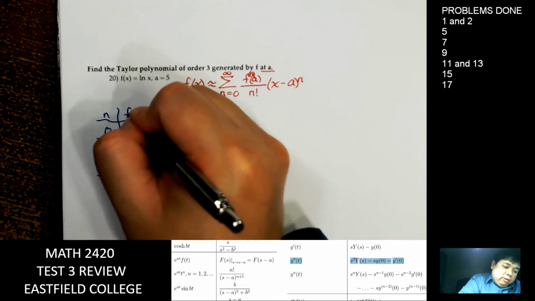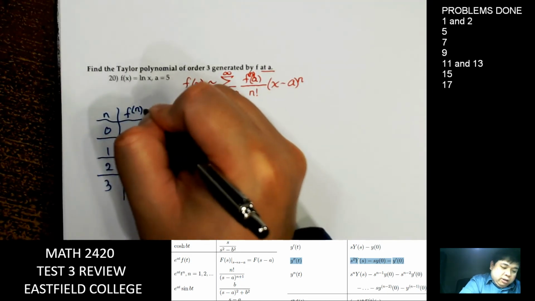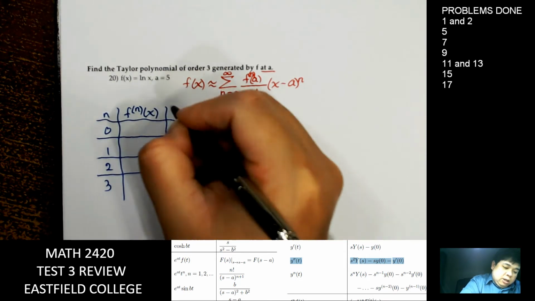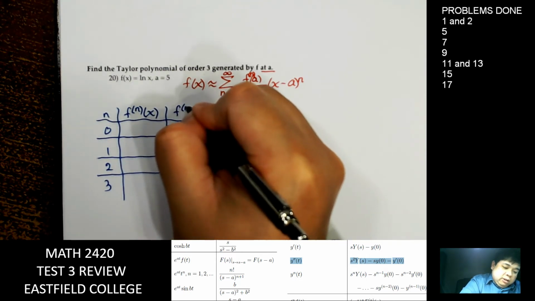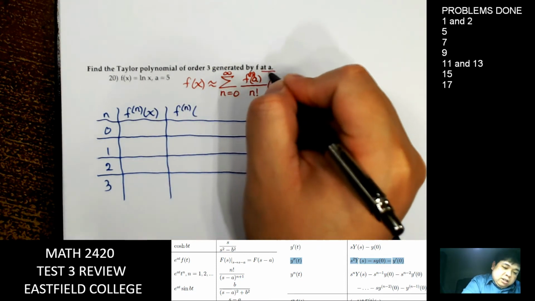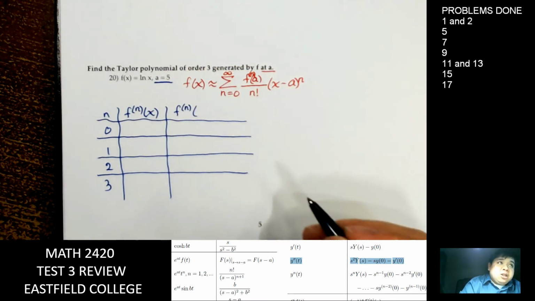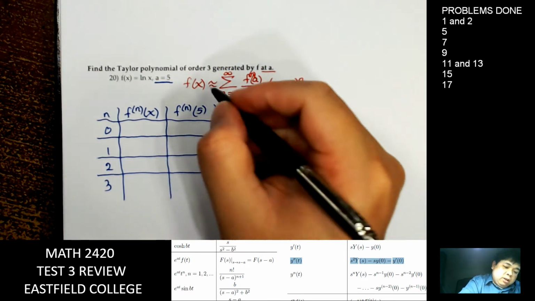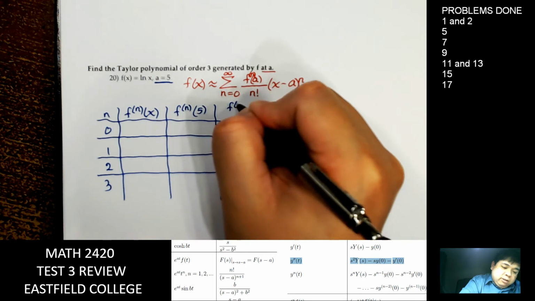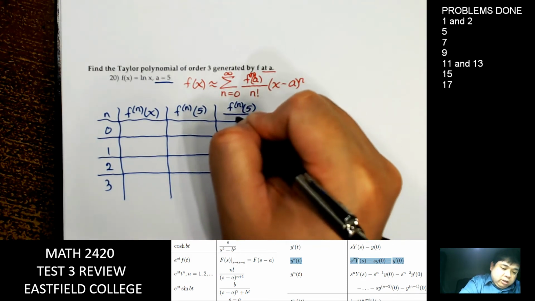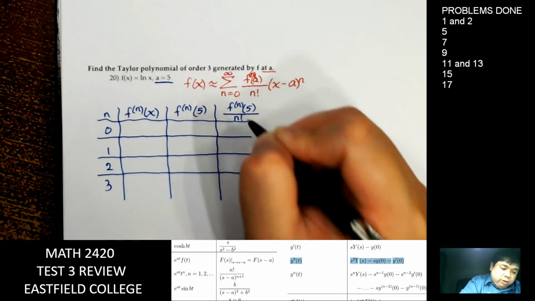Now we have the derivative of f of x, then we evaluate the derivative at a. In this case, a is equal to 5. And next we will have the term, the nth derivative at that point over the factorial.